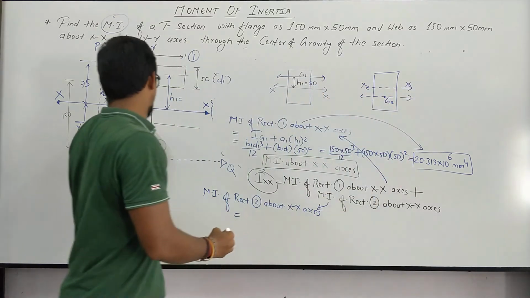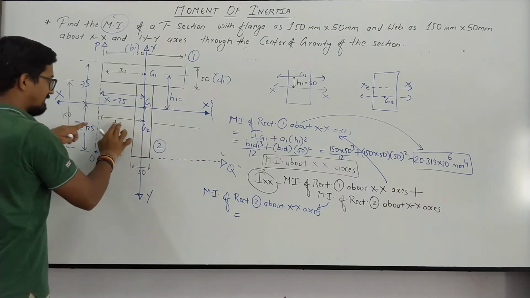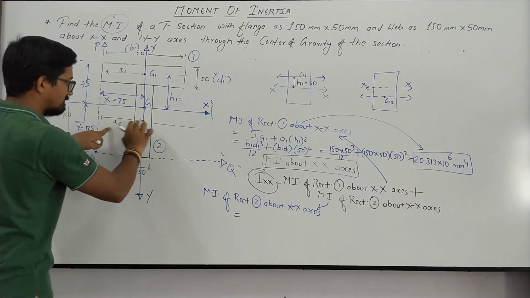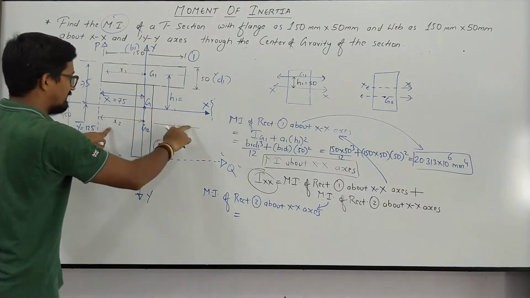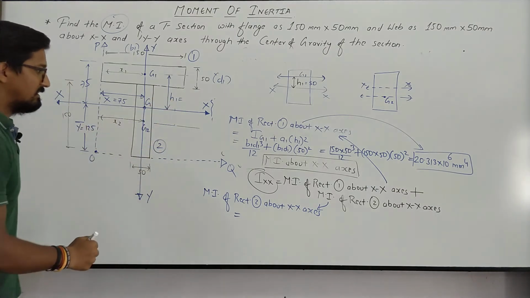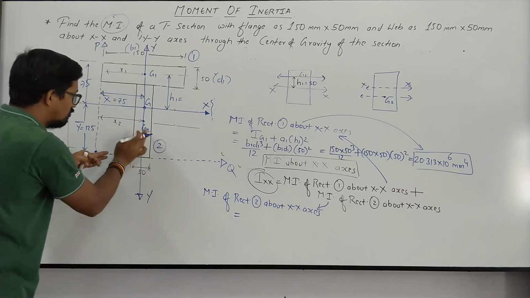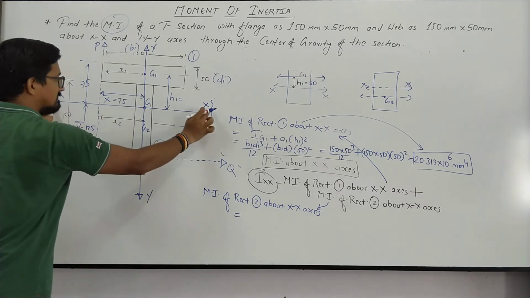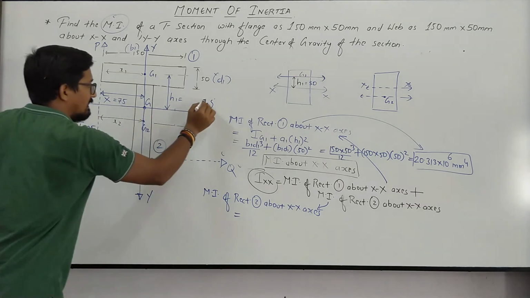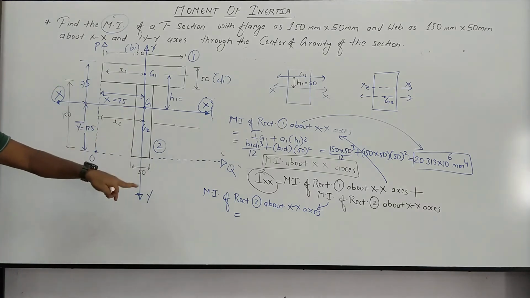X-axis is up and G2, from here if I draw some axis it will be G2, correct? Now we have to find the moment of inertia of rectangle 2 about this x-axis, correct?